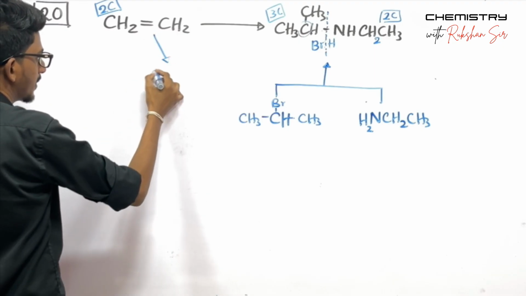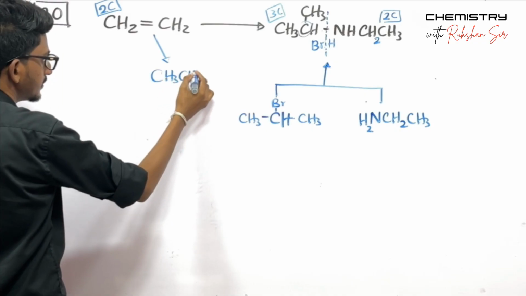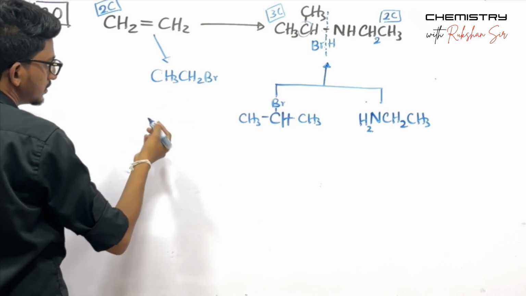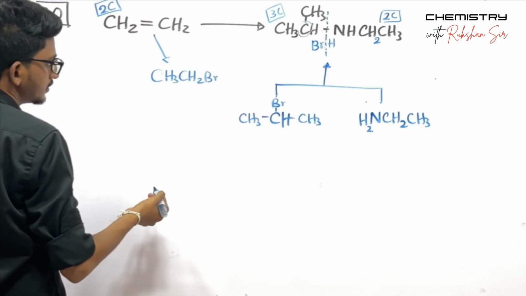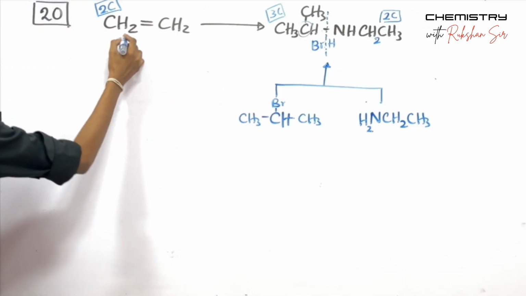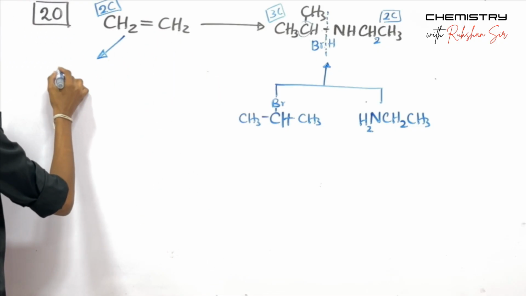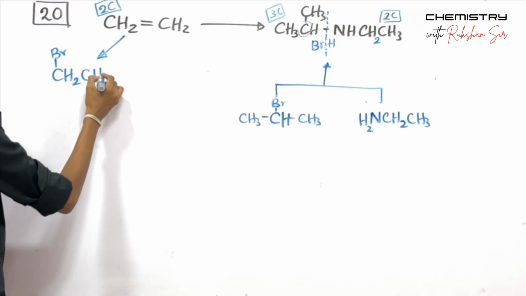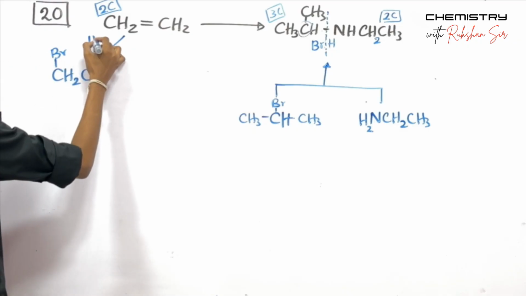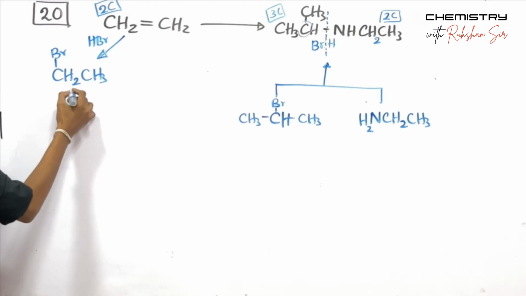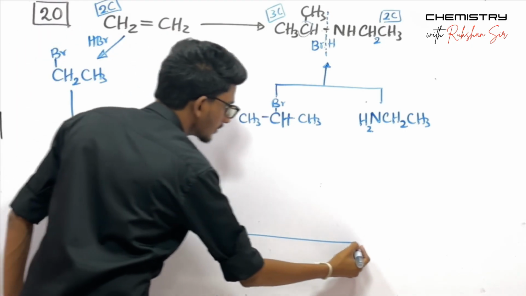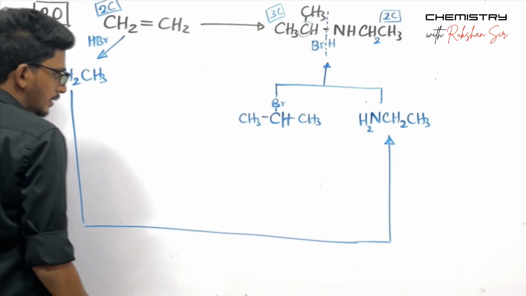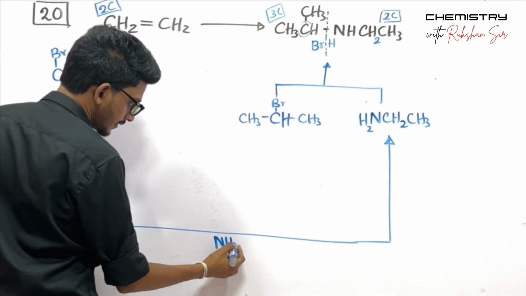So first of all, you can copy the Br, and that Br can be converted to NH2. By just adding HBr, that can be converted to CH2, then NH2 by adding NH2.